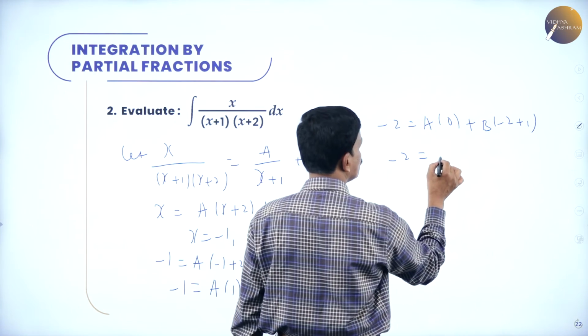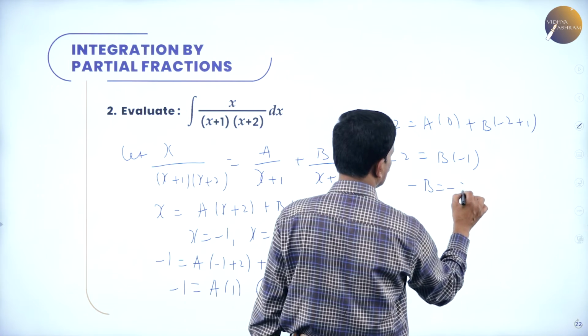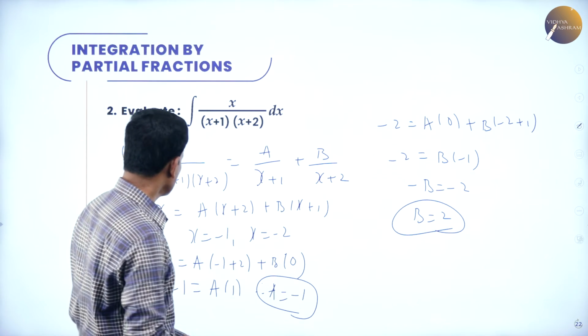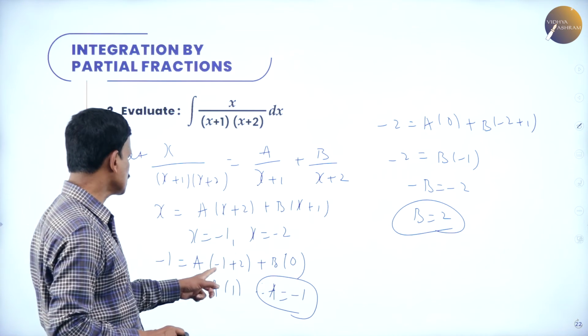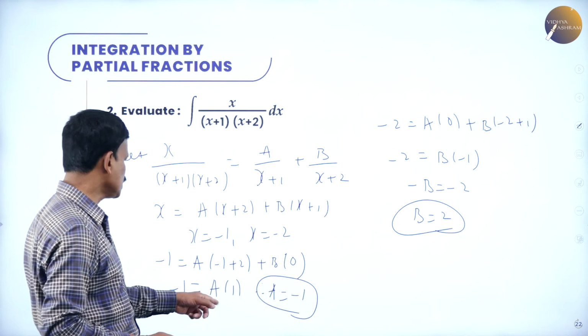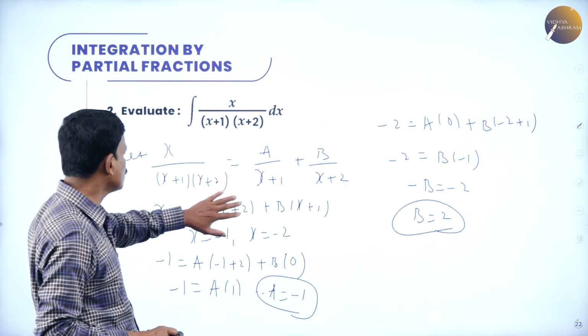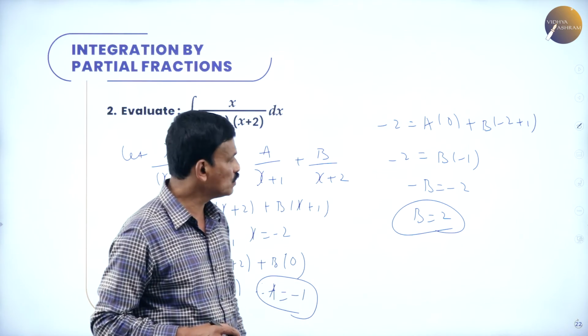So, minus 2 is equal to b into minus 1, minus b is equal to minus 2, which means b is equal to plus 2. See here, if you put x is equal to minus 1, this gets cancelled, minus 1 plus 2 is plus 1, a is equal to minus 1. If you put x is equal to minus 2, this gets cancelled, minus 2 plus 1 is minus 1. So, b is equal to plus 2.